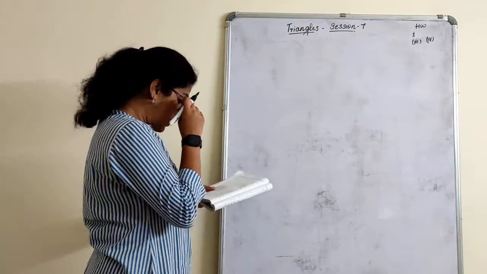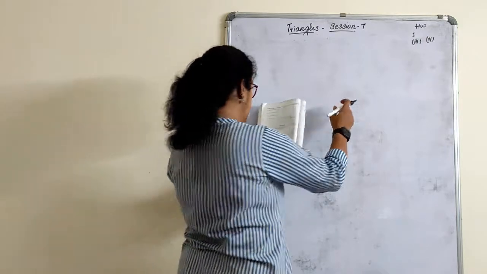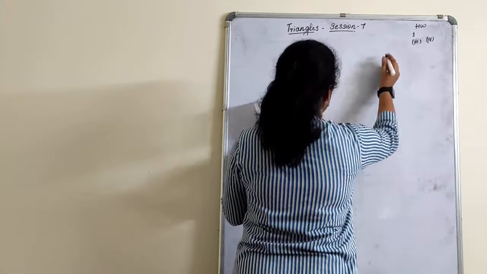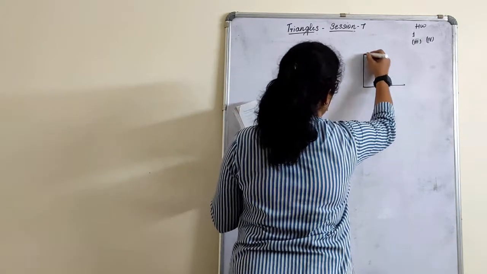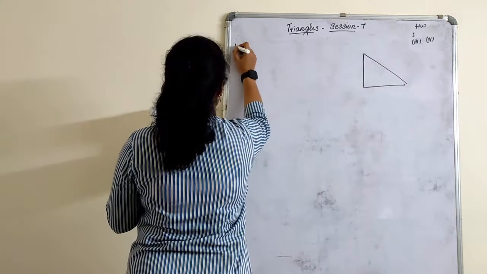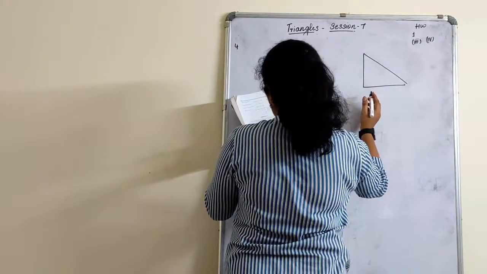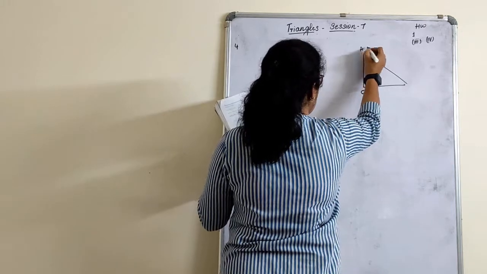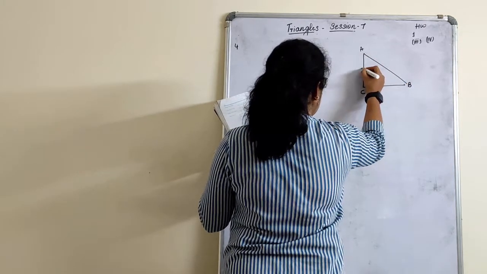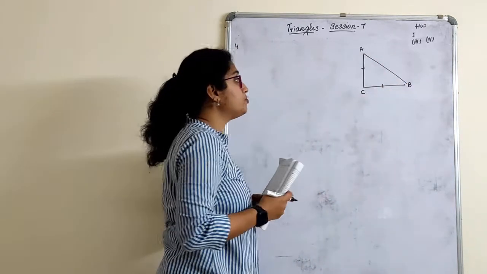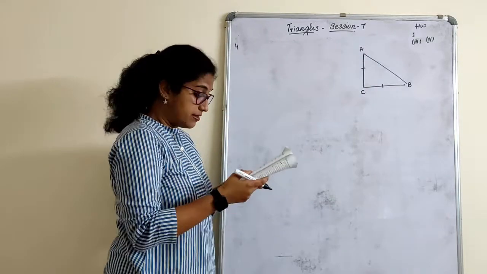We'll start with the next one. ABC is an isosceles right angle triangle at C. So fourth one, if I consider right angle at C, so this is A, B and C. It's isosceles and definitely AC should be equal to BC. Why? Because AB is the hypotenuse.